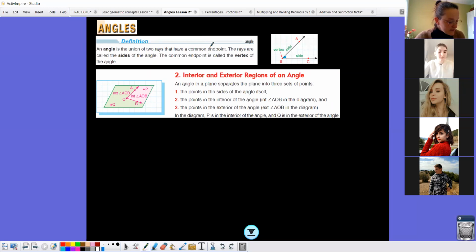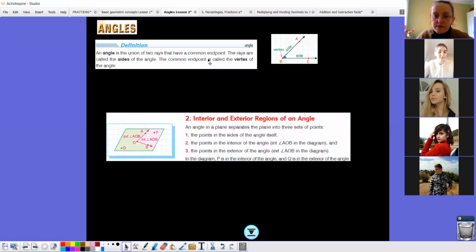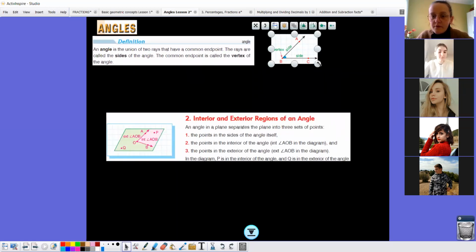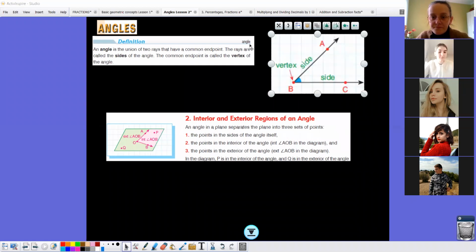So you can write the title as angles, and you can draw this one. You don't have to write the definition. This figure is the figure of an angle, okay? As you can see, we have two rays here, the rays BA and BC, and they have the common endpoint.